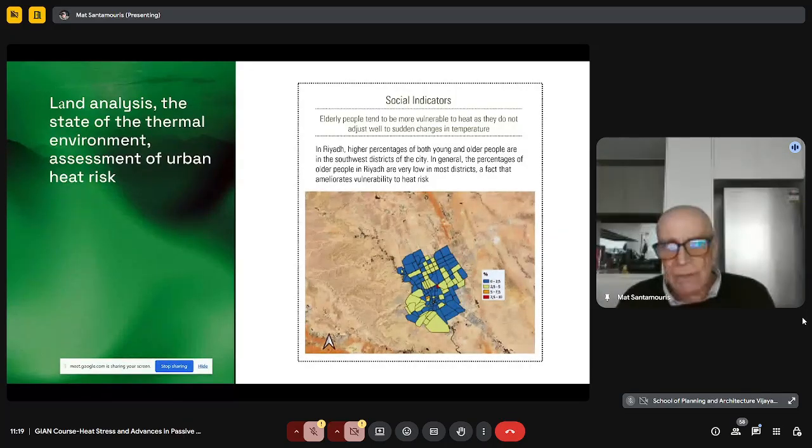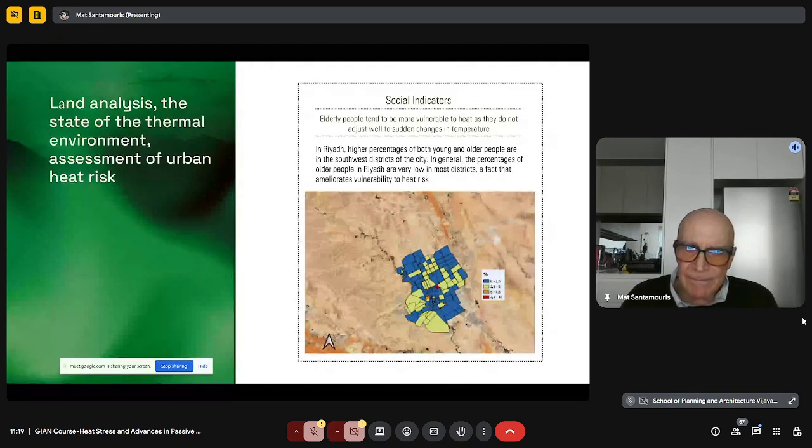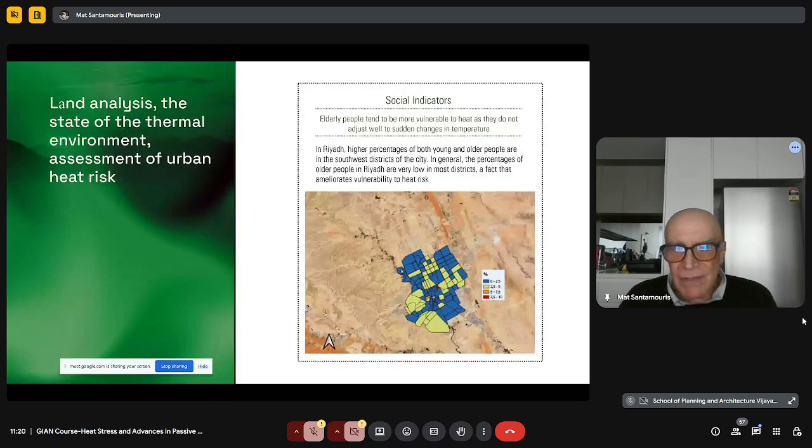Then there are the social characteristics. We know very well that elderly people tend to be more vulnerable to heat because they do not adjust well to sudden changes in temperature. We discussed it yesterday. In Riyadh, we have a higher percentage of both young and older people in the southwest district of the city.